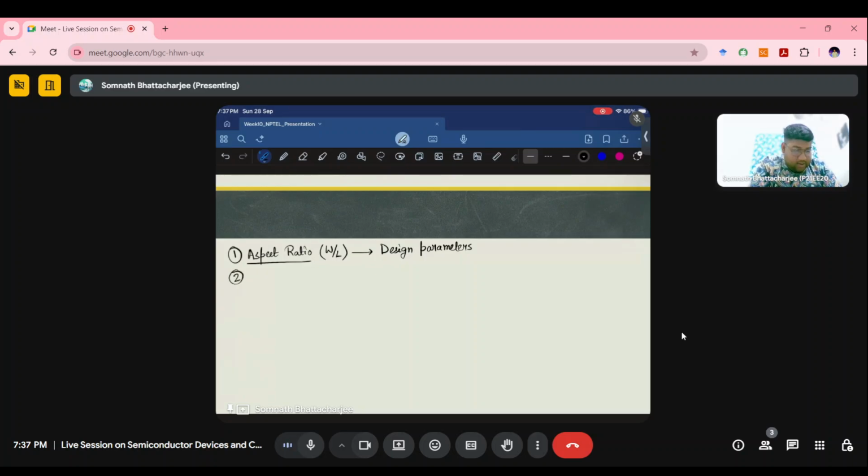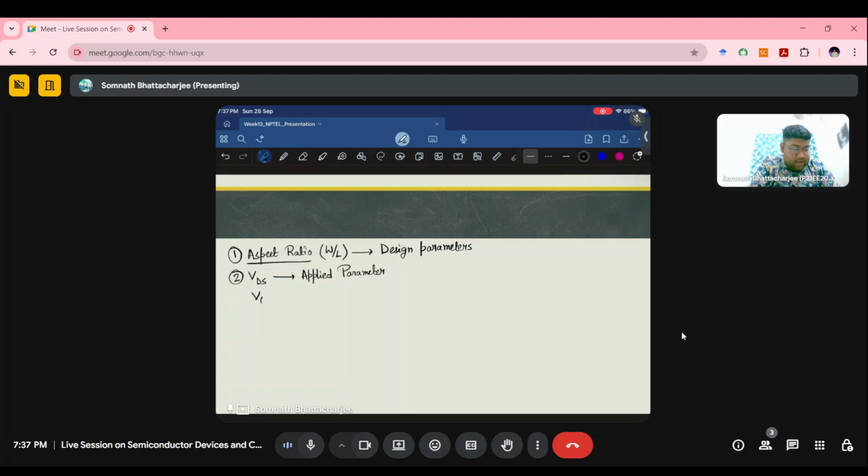Then the next thing we need to know is the value of VDS. So how to get this value? As we are applying this VDS value to the transistor, we can directly get these values. So these are the applied parameters.